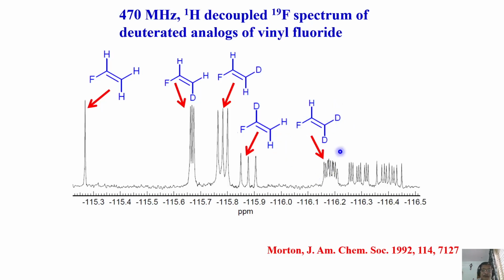First, one of them will split into a three-line pattern of equal intensity. The second deuterium splits each line of this three-line pattern into three lines of equal intensity. You understand? Because of spin 1, deuterium gives rise to three peaks, and each line of these three lines is further split into three lines because of coupling with the other deuterium. So you are seeing a nine-line pattern here. Nine lines are there.